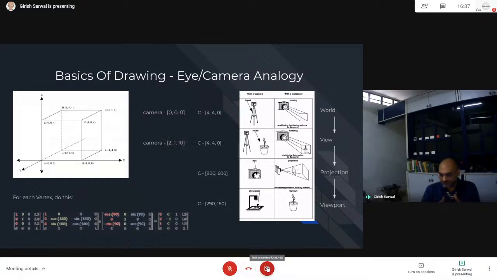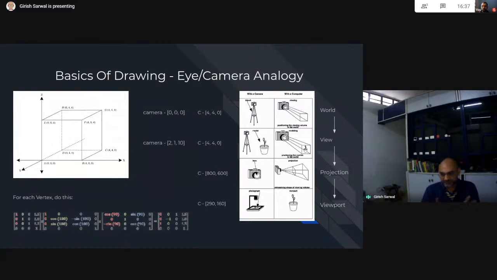Now, what you see on the screen right now is likely the most complicated slide that I have, and it's so complicated that at times I cannot figure out what I wrote. But this is the crux of how 3D gets converted into 2D.